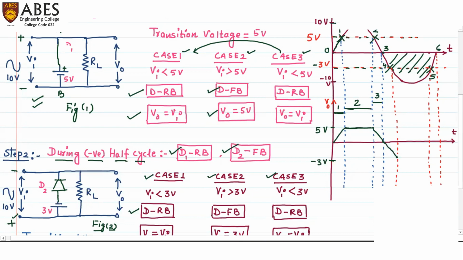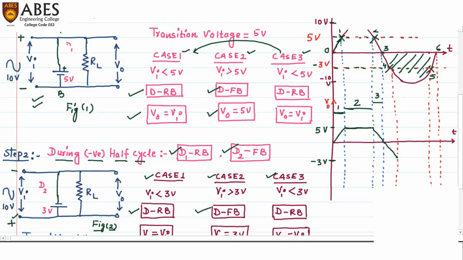Here we can see the negative terminal of Vi is connected to the negative terminal of the diode. Therefore, this Vi will make the diode forward biased. So the same I have written here, the diode will be forward biased. And when the diode is forward biased, it will behave like a short circuit. So the resultant circuit will be like this.